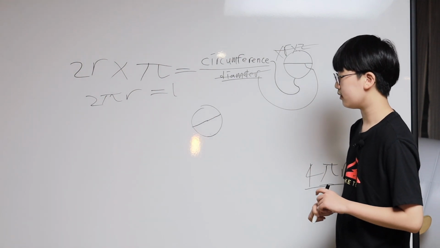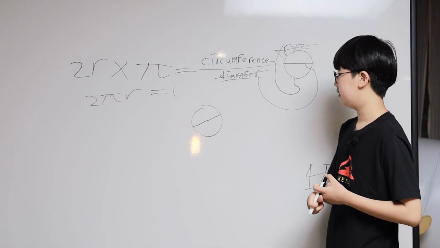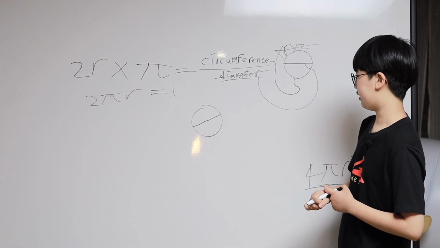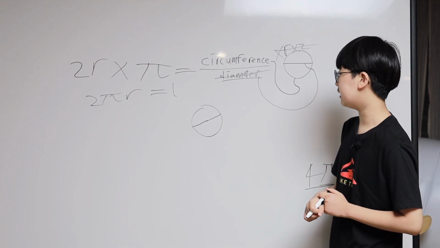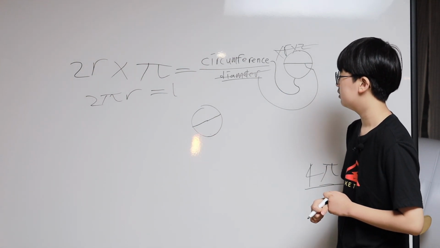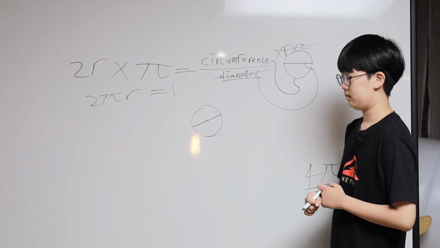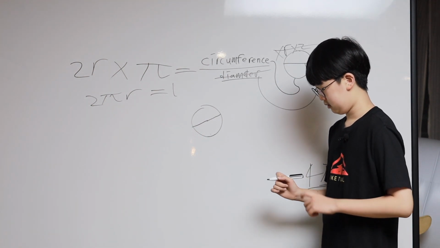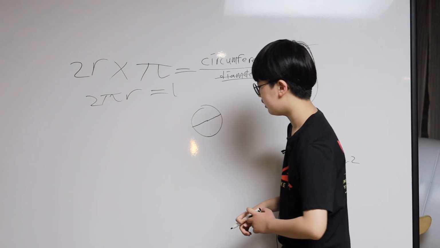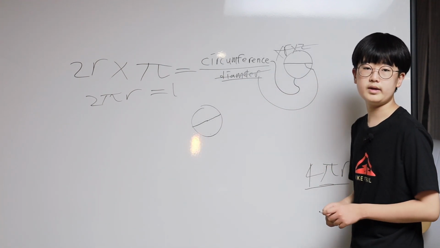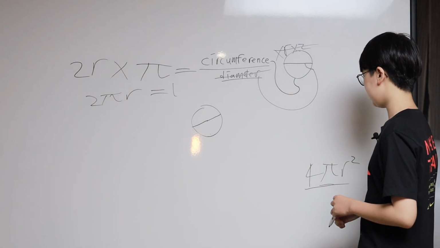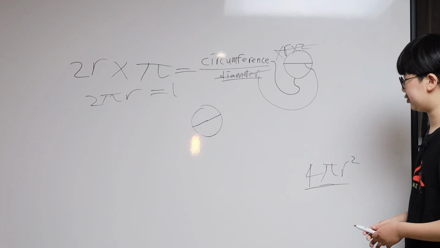Now we can get into the derivation of 4 pi r squared.